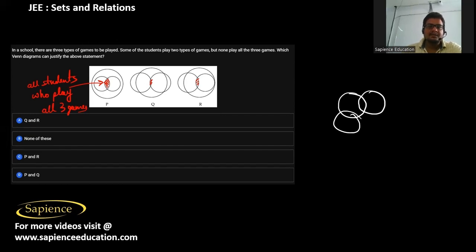So none of the Venn diagrams can justify the above statement that none of them play all the three games. So the answer will be none of these.